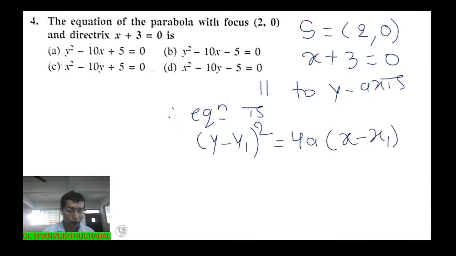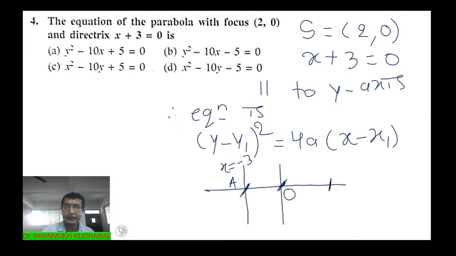Now we'll draw the geometry connected to this. We get these two lines parallel to the y axis, and this is the x axis. Here the directrix is x equal to minus 3. This is the origin O. The point of intersection we take as A, and this is the focus S with coordinates (2, 0).